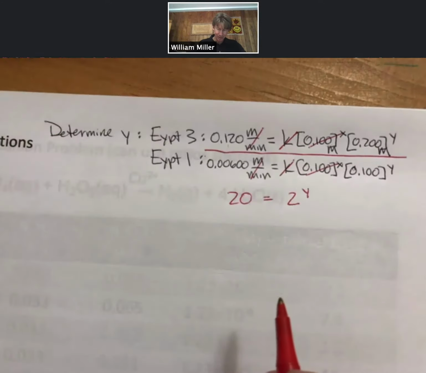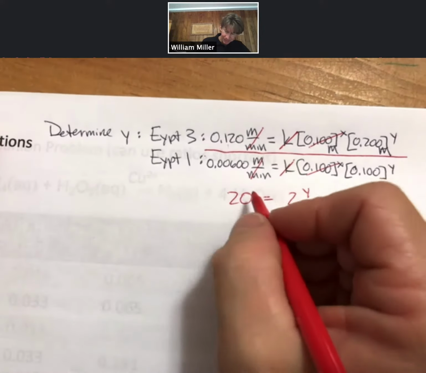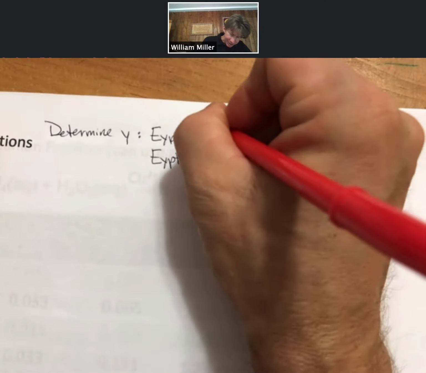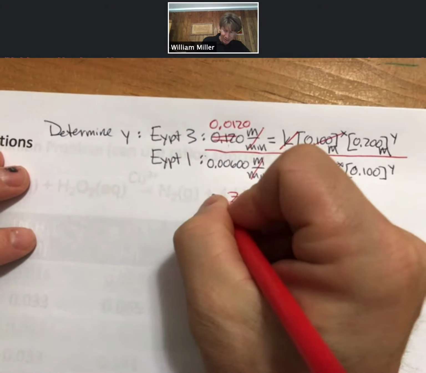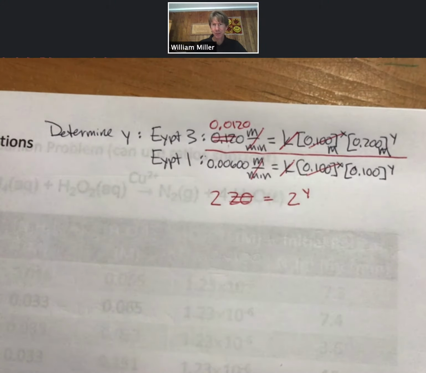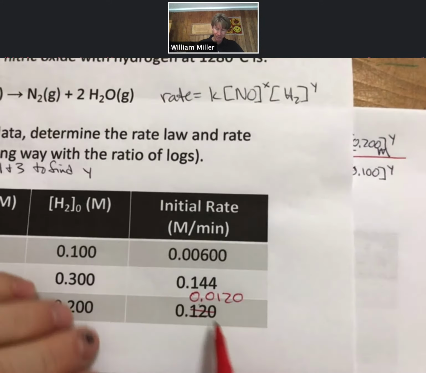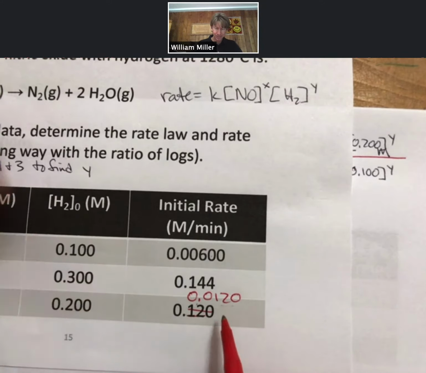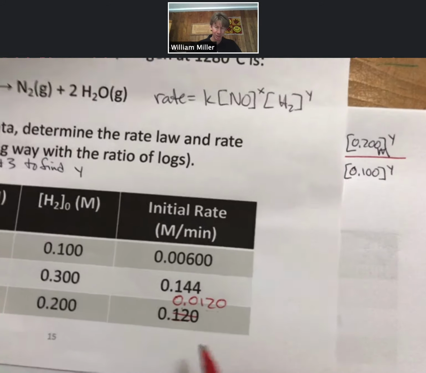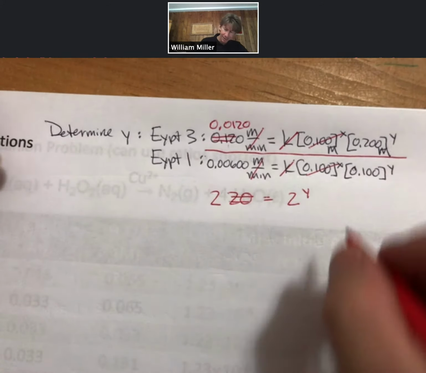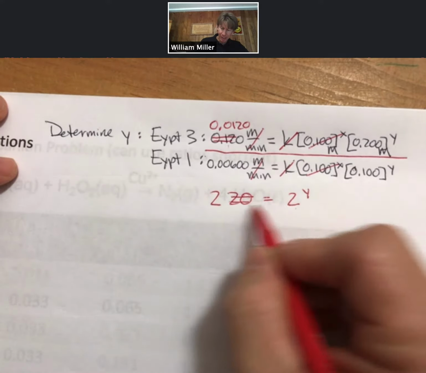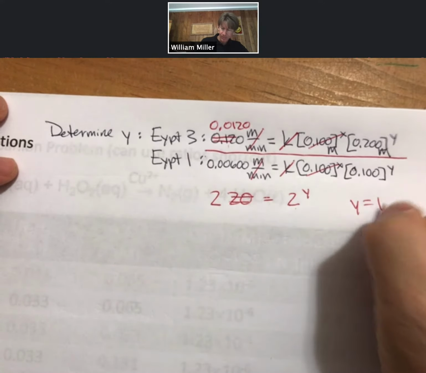And that means this is 0.0120, which means this is 2. Good, because otherwise we weren't going to get a small whole number. All right, fix that, please. I will attempt to update the notes before you get them. Now, 2 to the Y equals 2. Y has to equal 1.